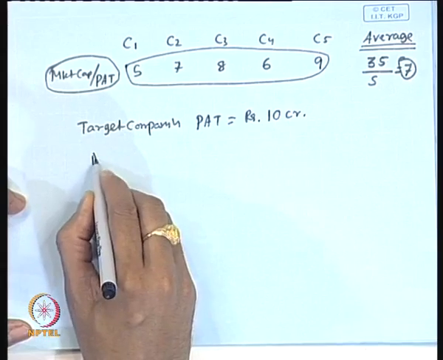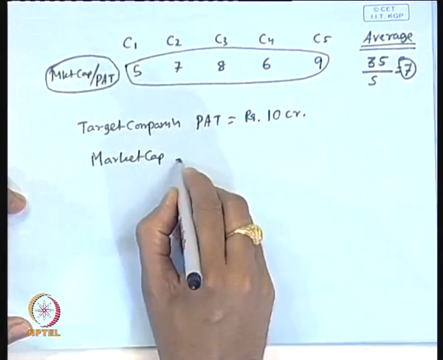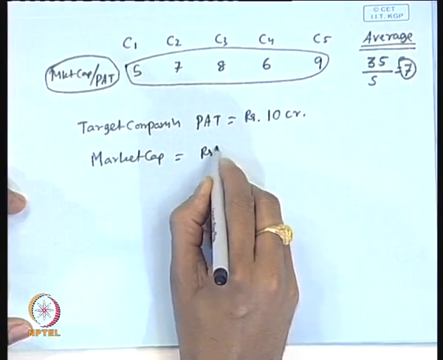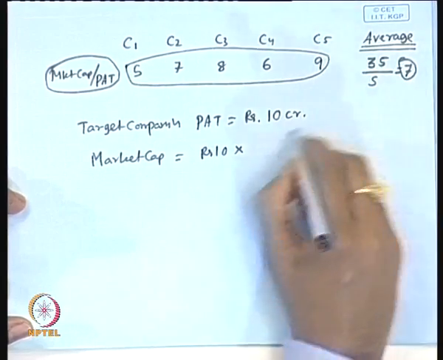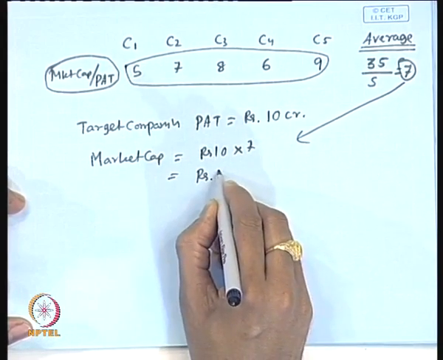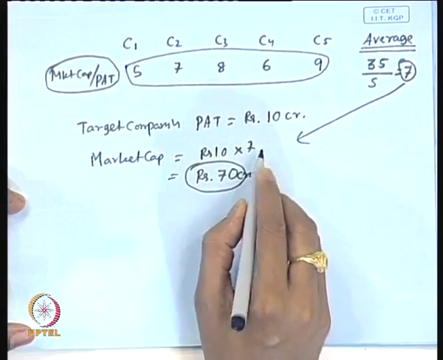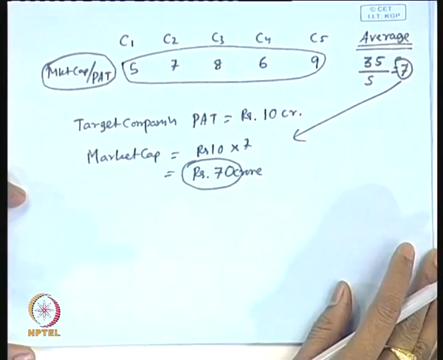So, the market cap as per this parameter should be rupees 10 crore into the multiple, that is 7. So, the value of the company's equity should be rupees 70 crore. This is the way one can apply the formula.